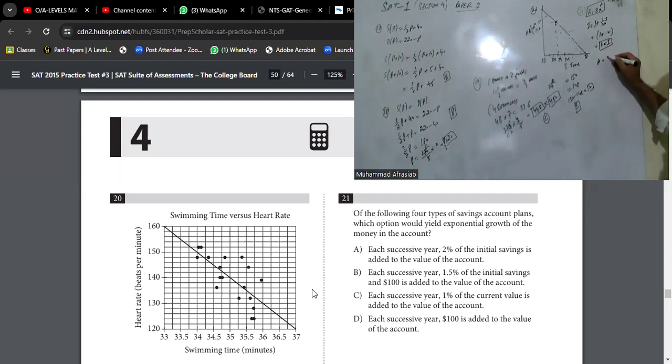So A is equal to b times 1.01 to the power t. So this is the actual answer. There is exponential growth of that person. So the C choice is the right choice.